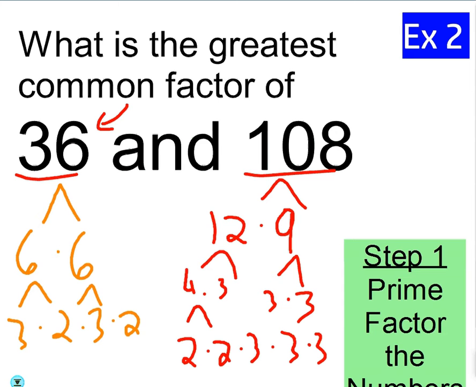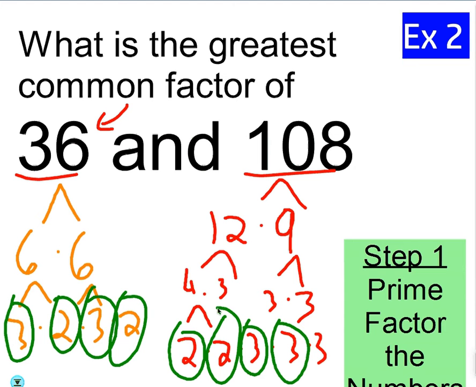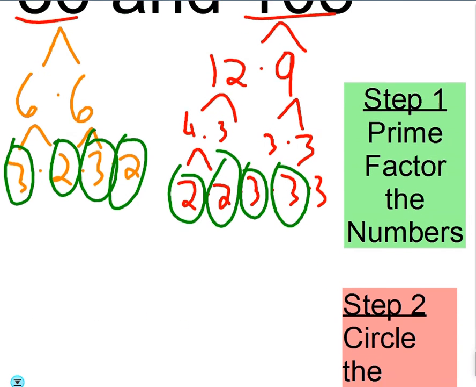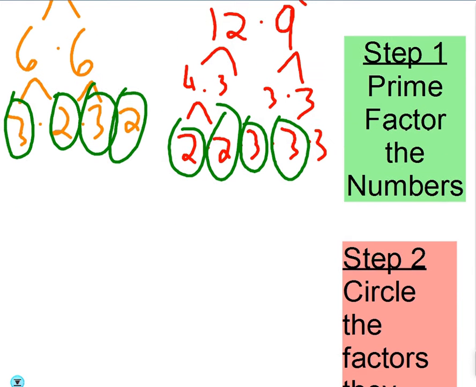So actually the common factors: circle a 3 here and a 3 here, circle a 2 here and a 2 here, circle a 3 here and a 3 here, circle a 2 here and a 2 here. So they have 4 pairs of common factors. If you're circling a 2 on the left, it has to have a 2 on the right. That's right. Okay, and so that's step 2.